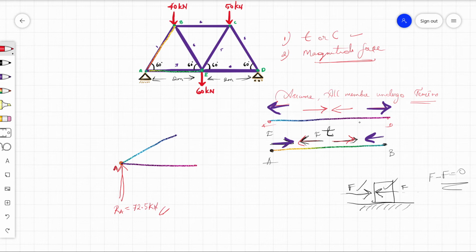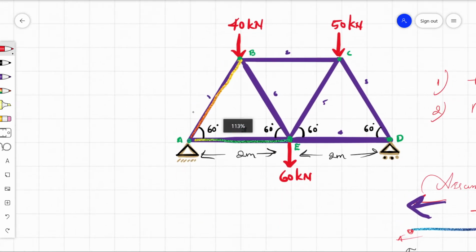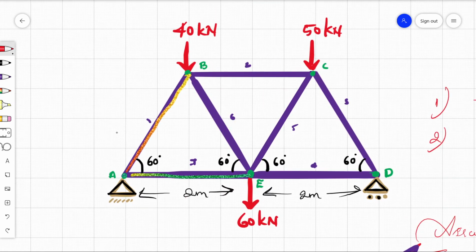So in this numerical, what all do we need to find? We need to find the reactions RA and RD, which we already found. The RD value was 77.5 kilonewton. The RA value is 72.5 kilonewton.